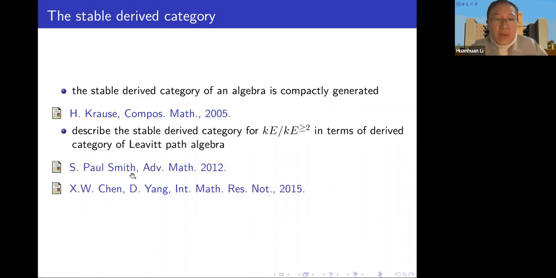Actually, Smith and Chen and Yang relate this stable derived category with the derived category of Leavitt path algebras. In Chen and Yang's paper, they use differential graded categories as tools. Here they view the Leavitt path algebra as a differential graded algebra with trivial differential.